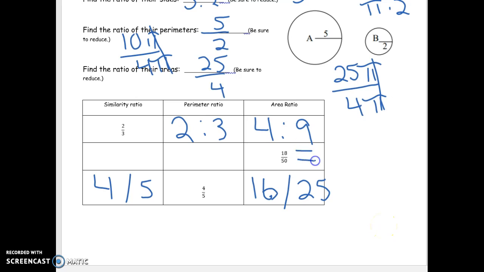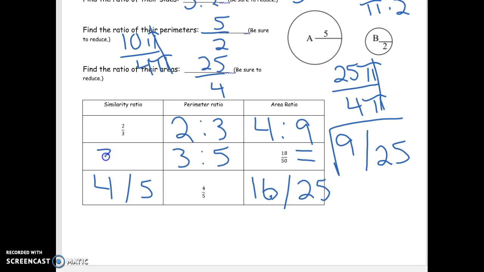However, let's come over here and reduce it. 18 over 50 is divisible by 2. We get 9 over 25. So now when I go back, I want to take the square root of each one of those. The square root of 9 is 3. The square root of 25 is 5. Again, getting back to the similarity ratio, we get 3 to 5.